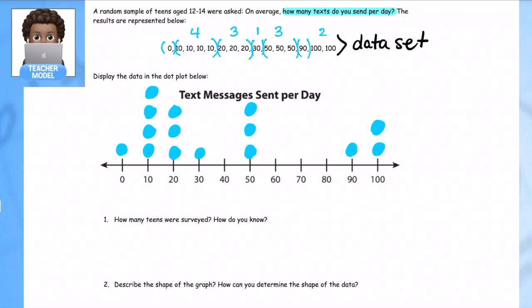So we have this. Now let's look at our first question. How many teens were surveyed and how do we know? Well, all I have to do is count up my data set. I can either count from here or count from here. So 1, 2, 3, 4, 5, 6, 7, 8, 9, 10, 11, 12, 13, 14, 15.